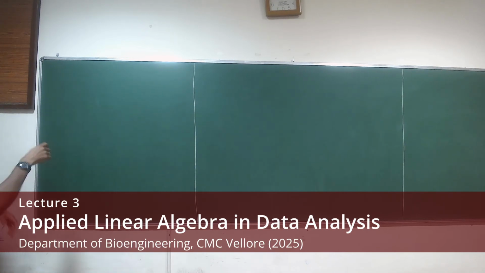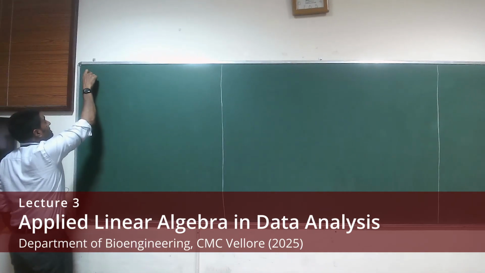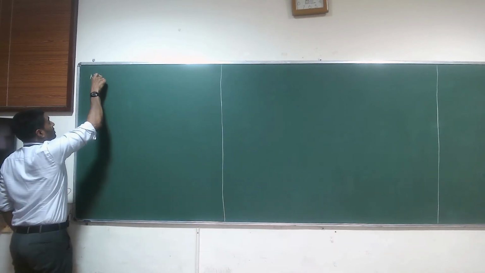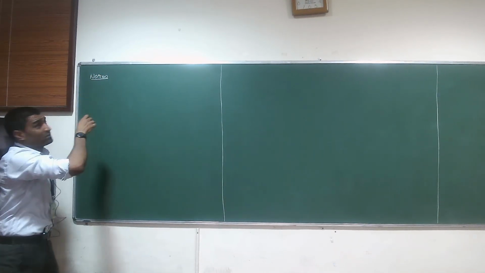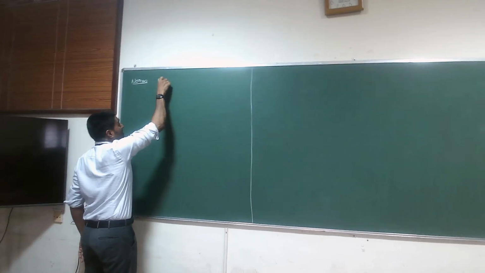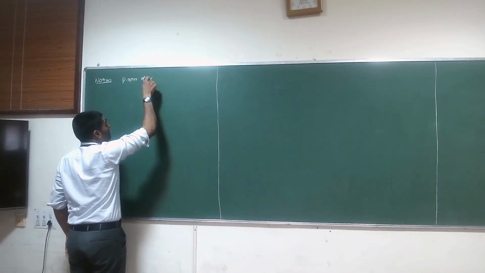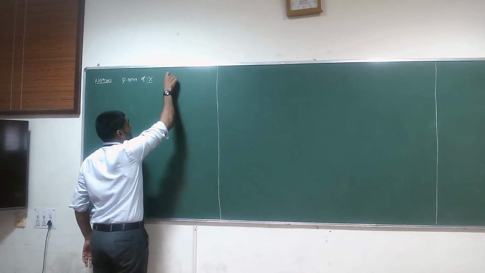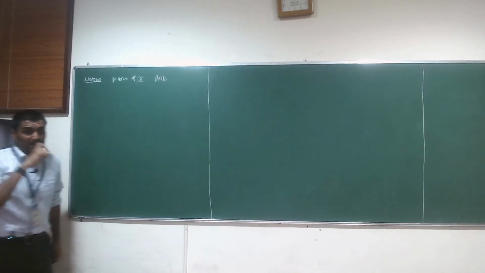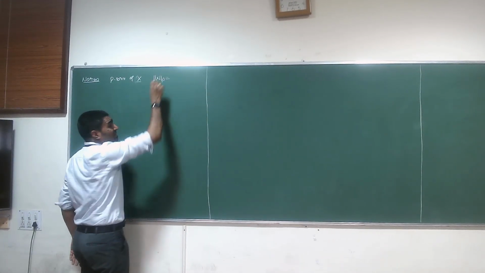We continue from where we left off last time. We talked about norms, the p norms of a vector, and we said it's represented like this. What is the definition of the p norm?